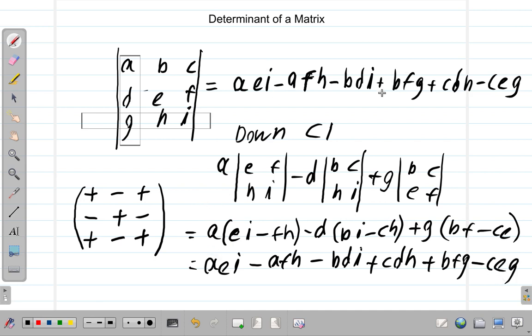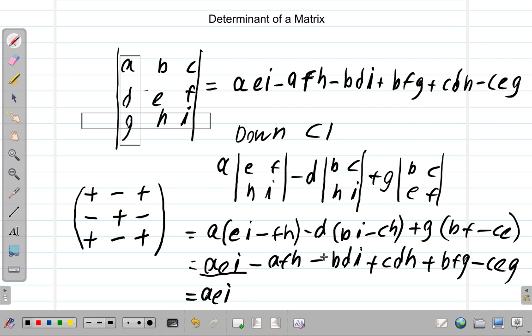Now let's compare to what we have up here. Oh, we see the AEI. So we have AEI, good. The AEI is taken care of. Minus AFH, minus BDI, plus BFG, a CDH, and a CEG.